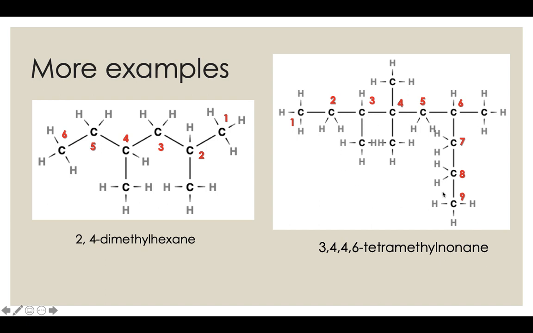And then out of these 9 carbons, we have 1, 2, 3, and 4 side chains. Each is a one-carbon side chain. That is a methyl group. So since we have 1, 2, 3, 4, it's a tetramethyl group. Where are they? They are connected on the 3rd carbon, 4th carbon, 4th carbon, and the 6th carbon. So the numerals are the positions of those side chains.